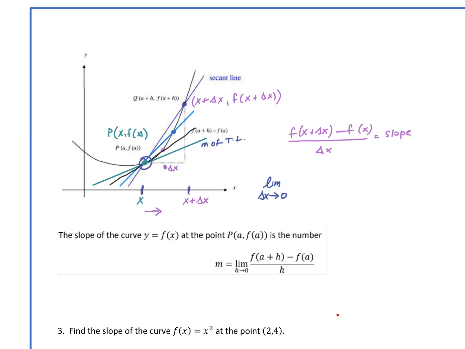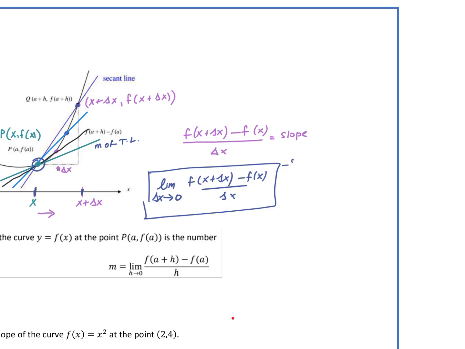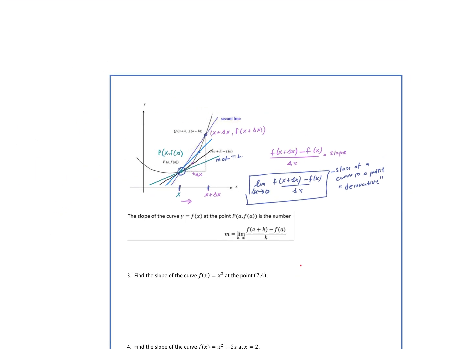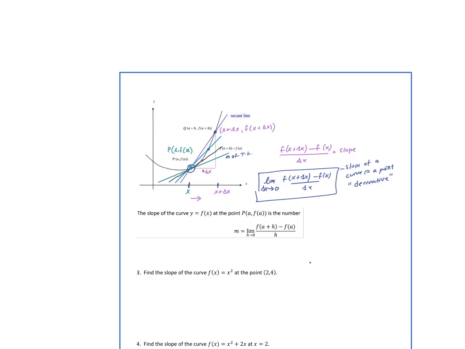So the limit as delta x goes to 0 of f of x plus delta x minus f of x, all over delta x, is now the formula for the slope of a curve at a point, aka the derivative. What calculus allows us to do is find the slope of a curve at a point, and that's what we call the derivative.